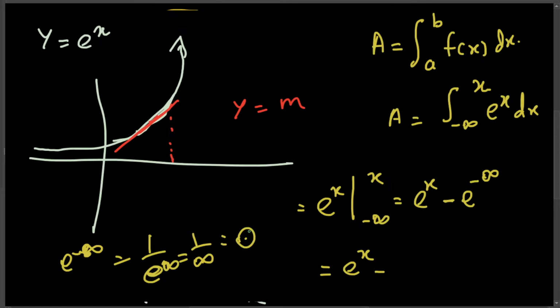So this is 0 right here. Therefore, the final answer is e to the power x.